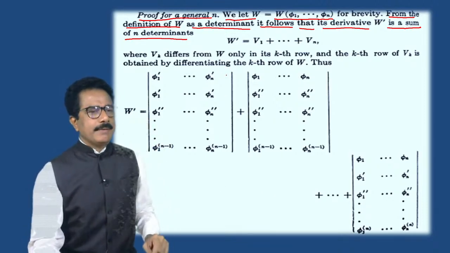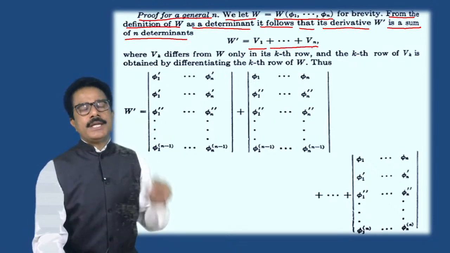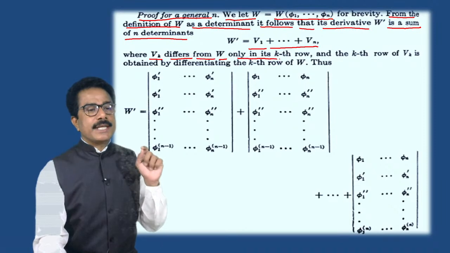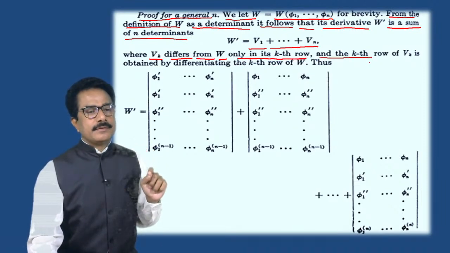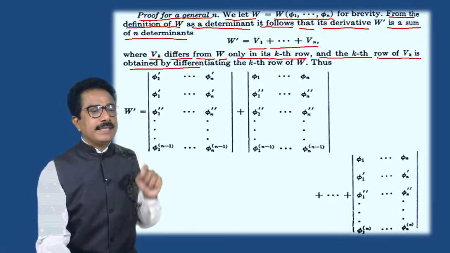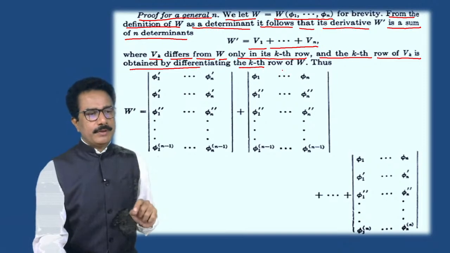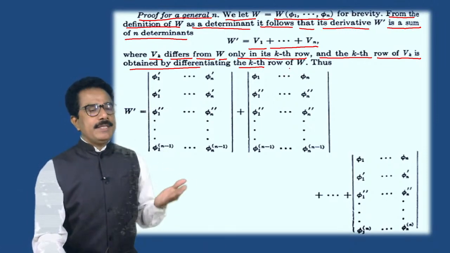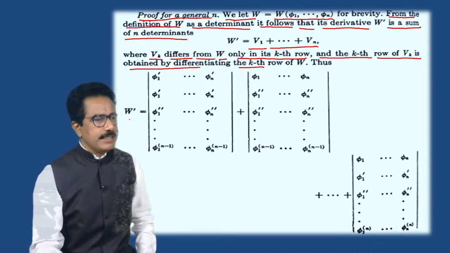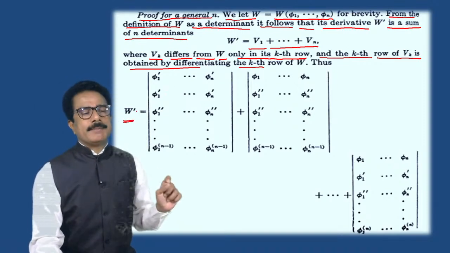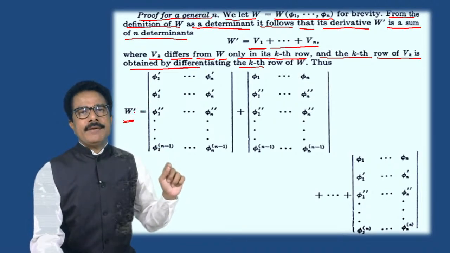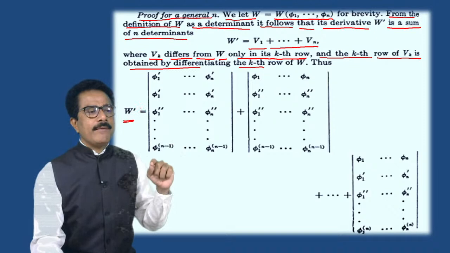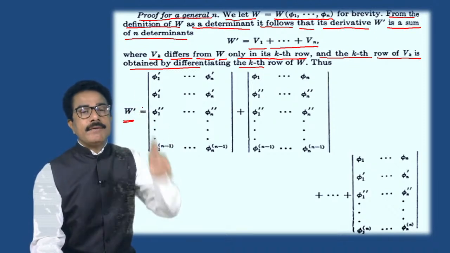Suppose that these determinants are V1, V2, V3, up to Vn, where Vk differs from W only in its kth row, and the kth row of Vk is obtained by differentiating the kth row of W. So W dash, the derivative of the Wronskian, is the sum of n determinants, generally denoted by Vk, obtained by taking the derivative of the kth row.